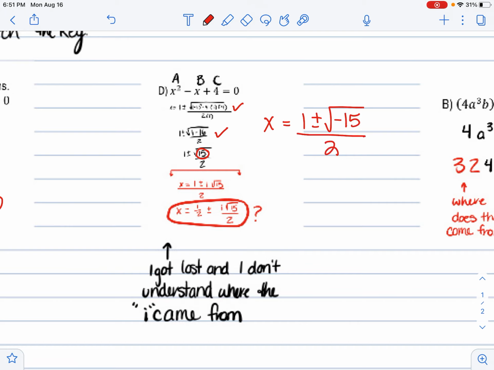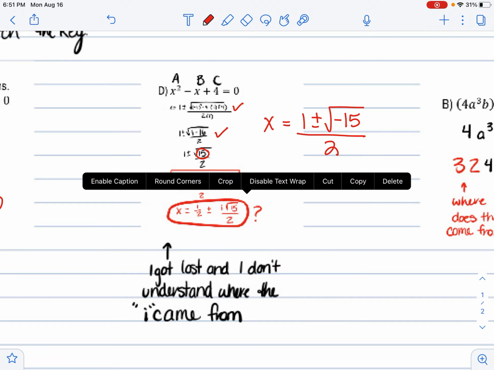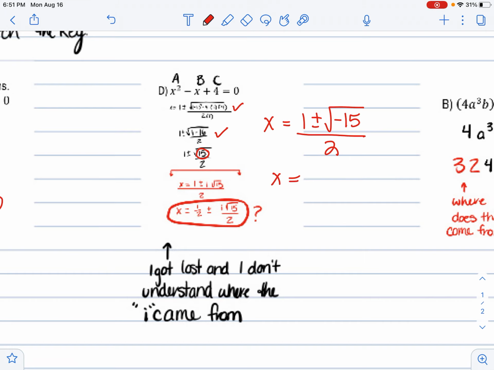all over 2. So remember what I told you guys, whenever you see a negative underneath the square root, you know i is in your answer, so you're going to automatically write it down. So you're going to write down 1 plus or minus, and then I'm trying to simplify this root negative 15. I'm going to write down the i right away.